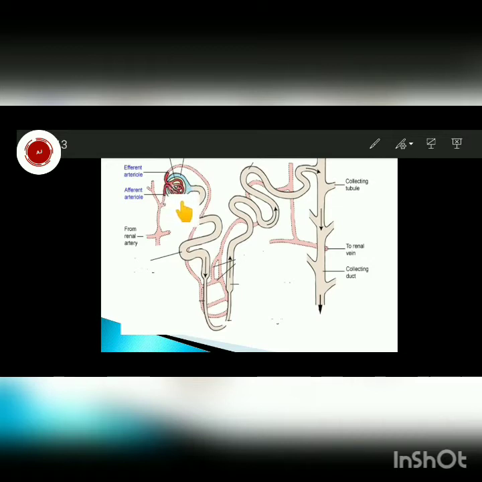These capillaries are finer, meaning they have a narrower lumen than the afferent arteriole. This capillary has a narrow lumen and is tightly packed. So the blood which is coming through the afferent arteriole to the glomerulus will naturally come under high pressure.